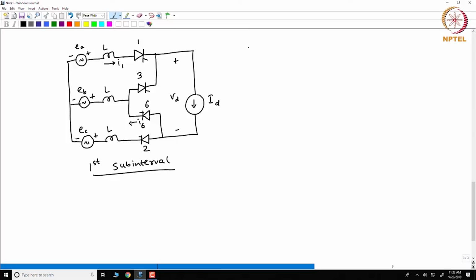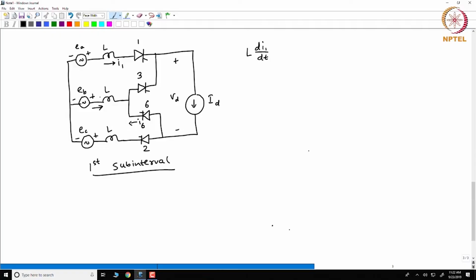So what are the equations? If I apply Kirchhoff's law, L dI1 by dt. What is this current? The current flowing through or leaving EB from the positive terminal. Because if I want the voltage drop across the inductance in series with EB, I should know the current through EB.